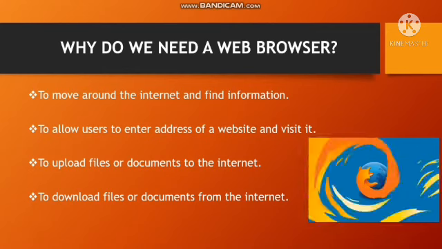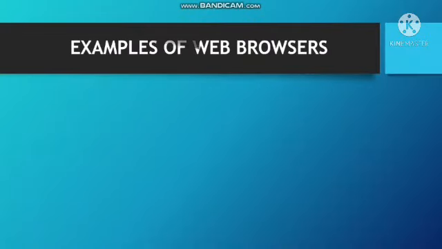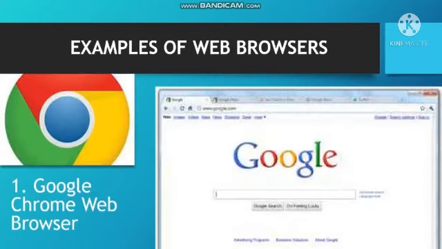Now, let's go to examples of web browsers. We have many web browsers, so many of them, but we shall be listing just a few of them. Number one is the Google Chrome web browser. This is a popular web browser used by many people all over the world.